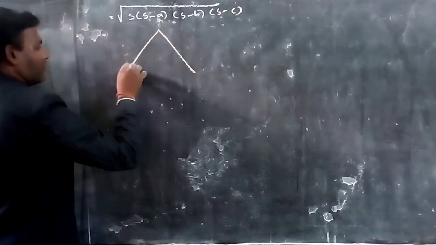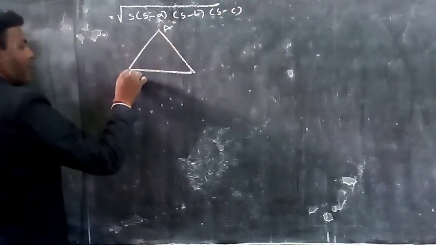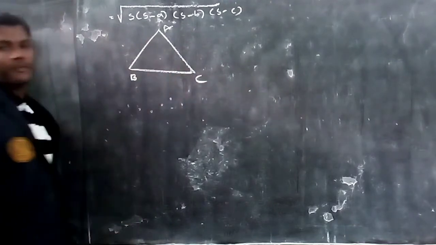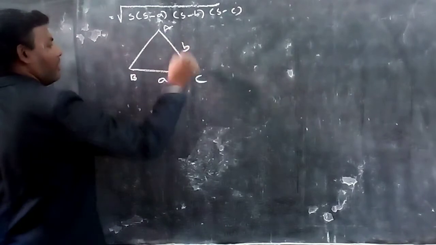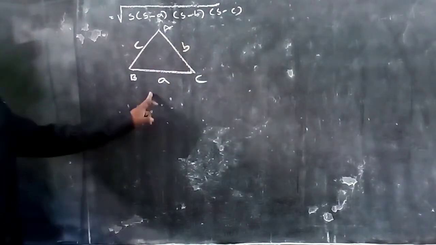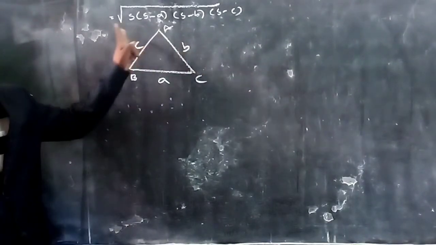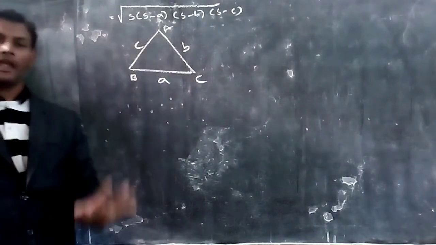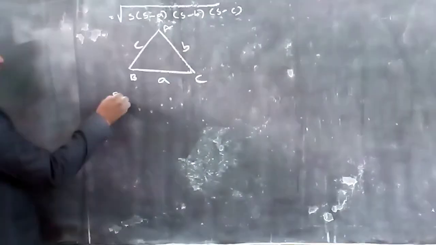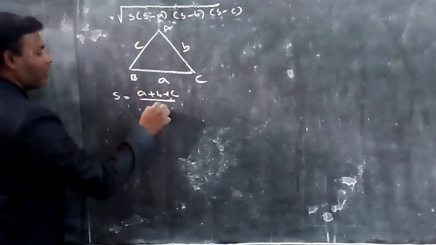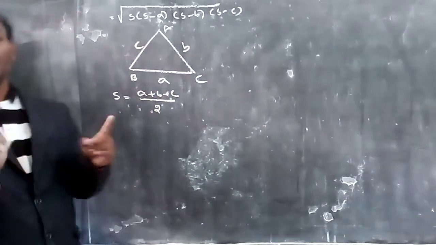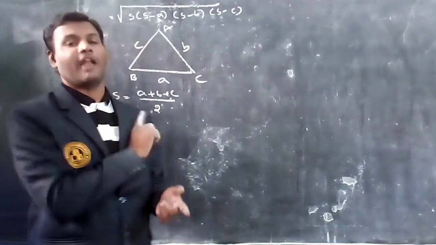In a triangle with vertices A, B and C, a, b, c are the lengths of the sides opposite A, B and C. To find s, the formula is a plus b plus c by 2. s is nothing but half of the perimeter of the given triangle.